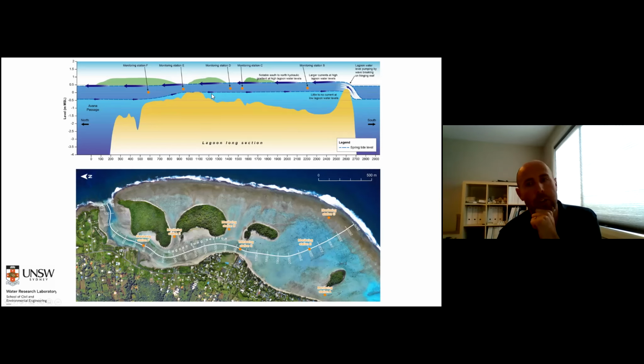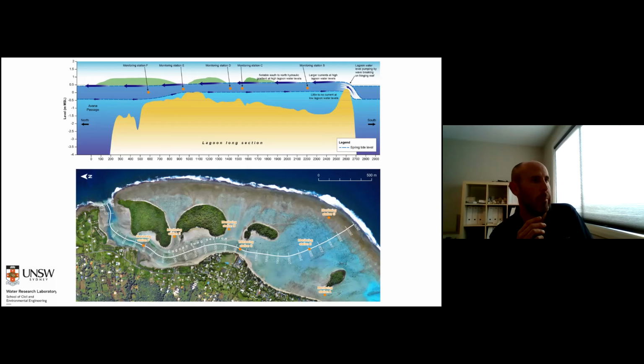That correlated really well with the same information about current speeds. So at high tide, when the lagoon water level is higher, you have a bigger hydraulic gradient and faster currents moving through the system. At low tide, when you have no gradient in water levels, you don't have anything driving those currents through. Everything stops at low tide within the lagoon.